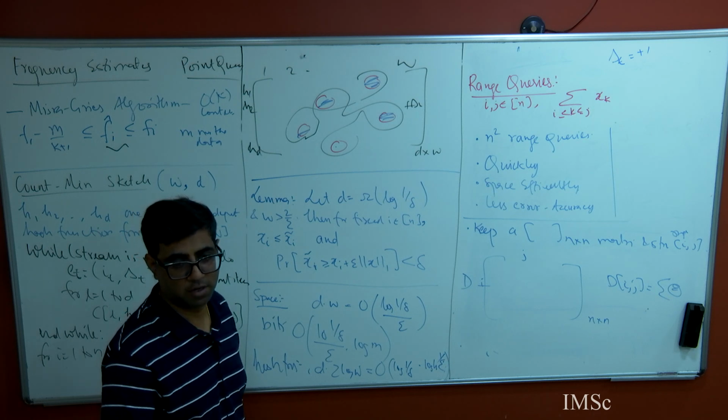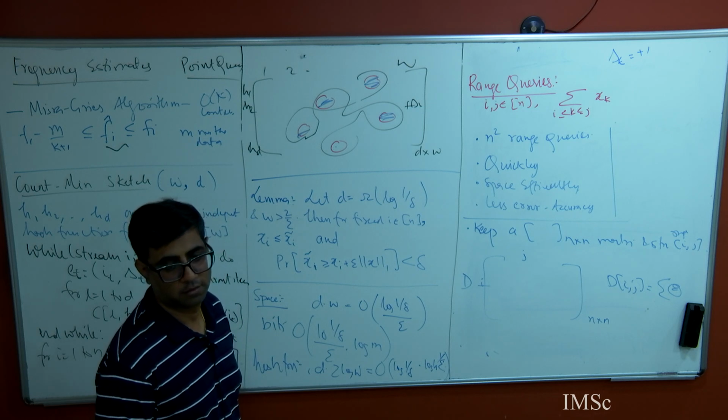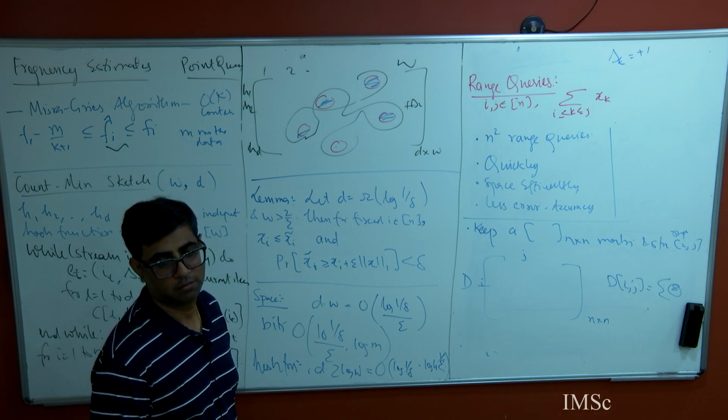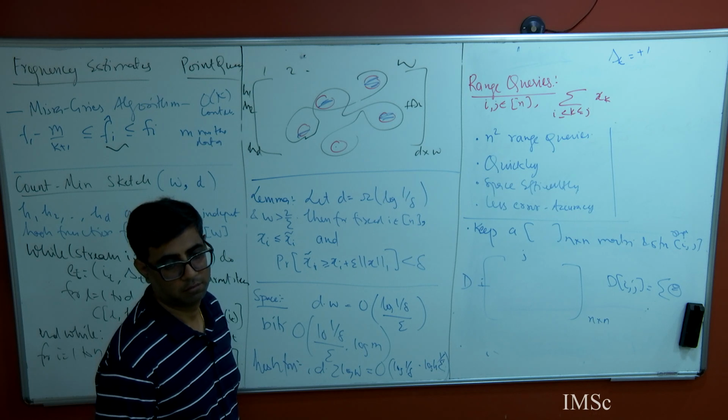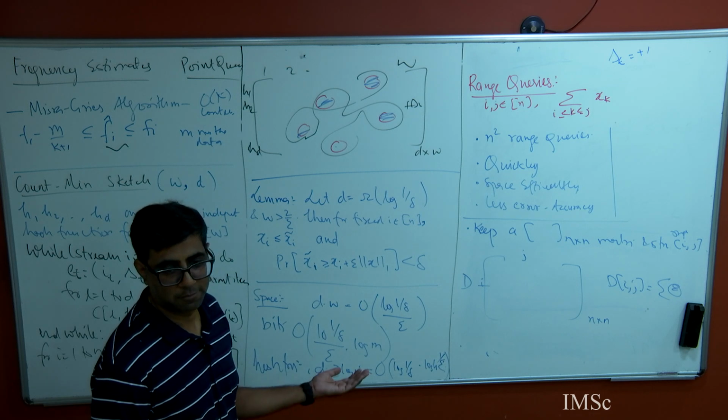And whenever a number comes, I increase its frequency. Subtract 1 to j and 1 to I minus 1. Subtract it.